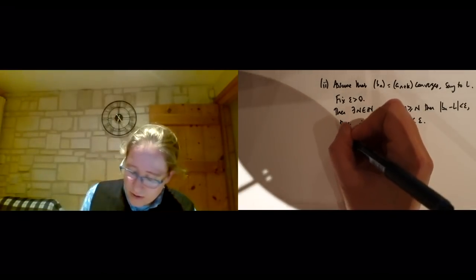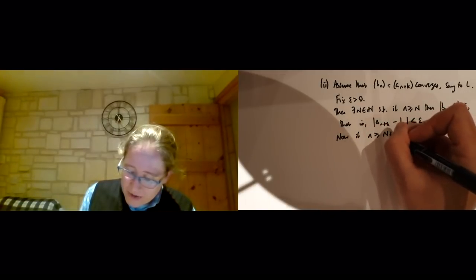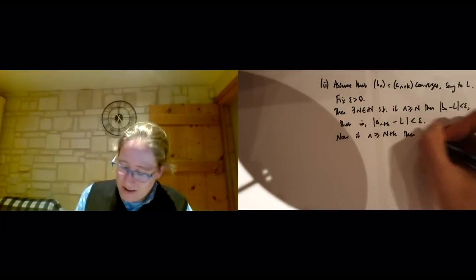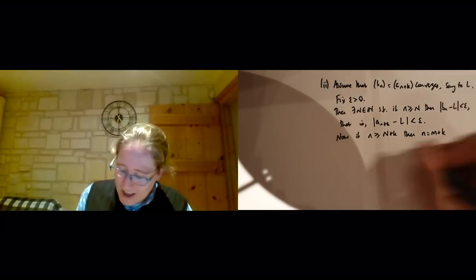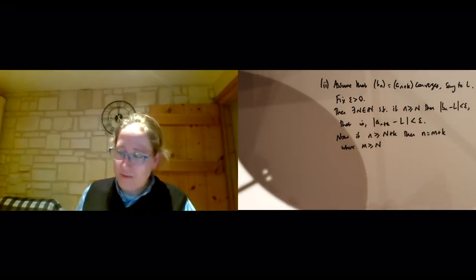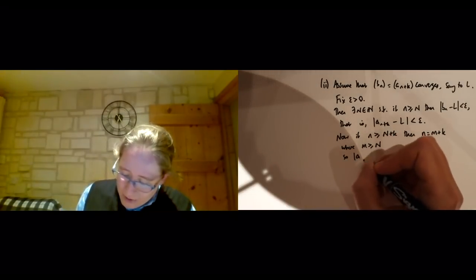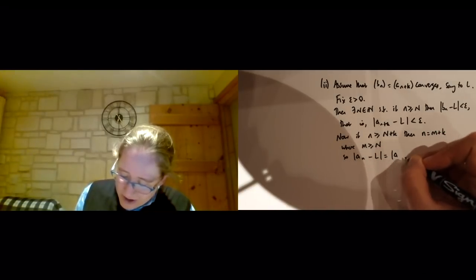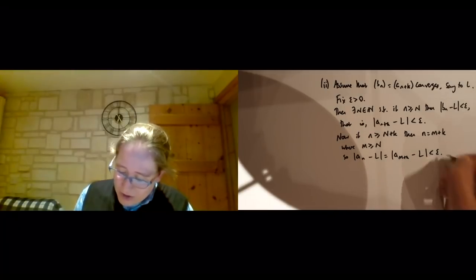And now, if little n is greater than or equal to capital N plus k, then n is equal to little m plus k, where m is greater than or equal to capital N. And so the absolute value of a_n minus L, which is the absolute value of a_{m+k} minus L, is less than epsilon.